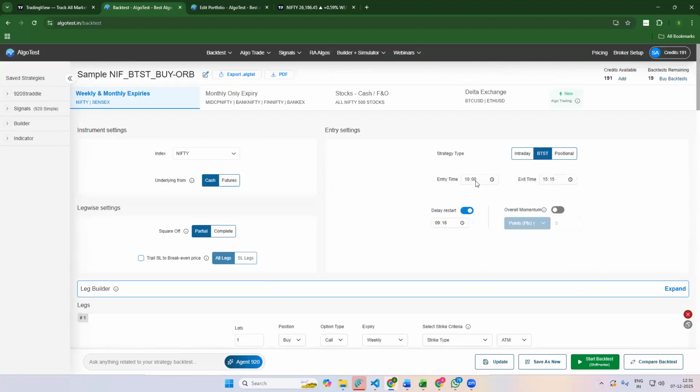The curve fitting will happen if I have evaluated my strategy for every minute from start to end of the day, and I just take the best of the best of the parameters. But what we have done is select the parameters which are giving similar results, a combination of the parameters nearby. You understood what I'm saying? Yeah, I got it.